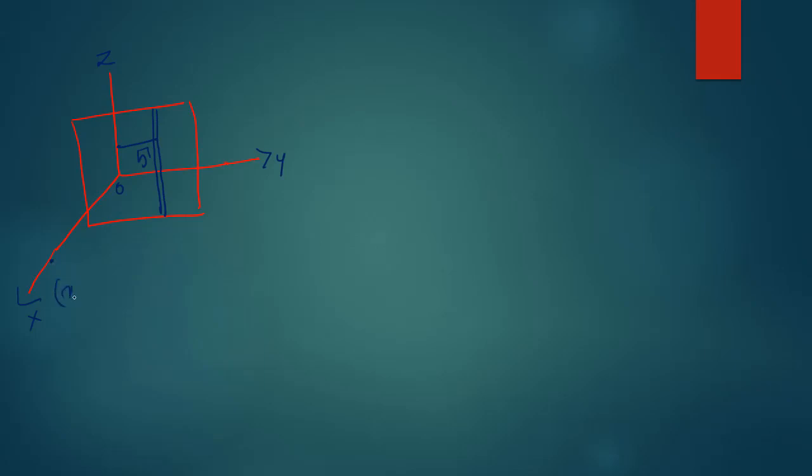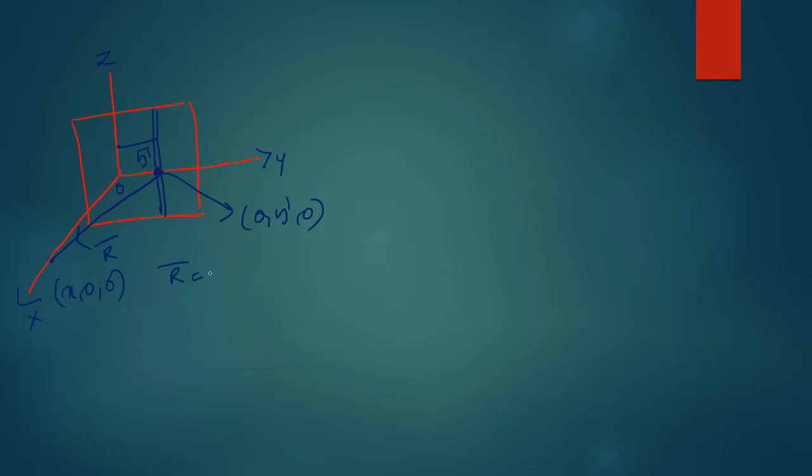This is the observation point, where the coordinates are given by x comma 0 comma 0, and this is the differential point we are taking on the line, where the coordinates are given by 0 comma y dash comma 0. This is the perpendicular distance from that particular line to the observation point, r bar.